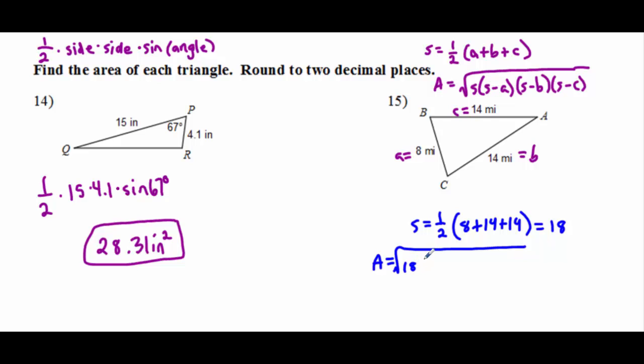So this is 18, and then 18 minus A, 18 minus B, 18 minus C, all underneath a square root. You can type that in exactly the way it is into your calculator.